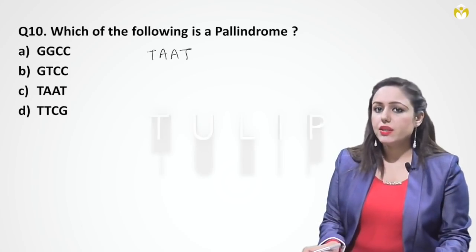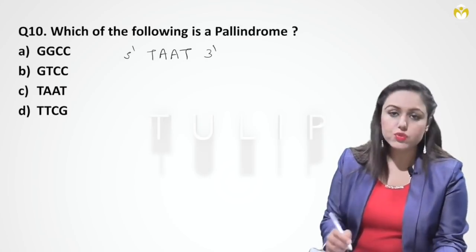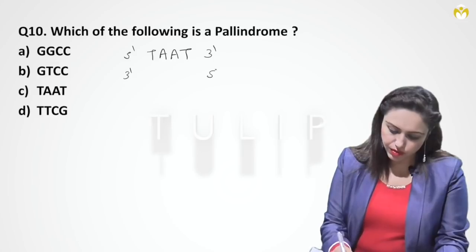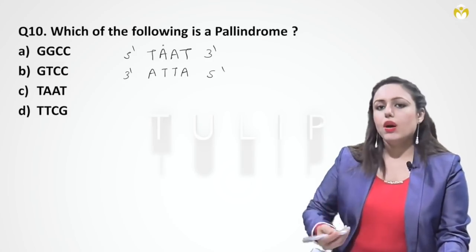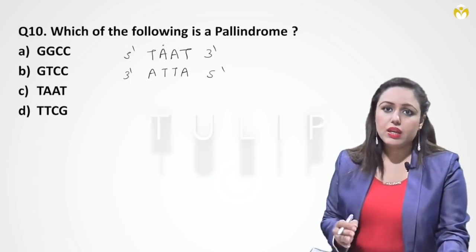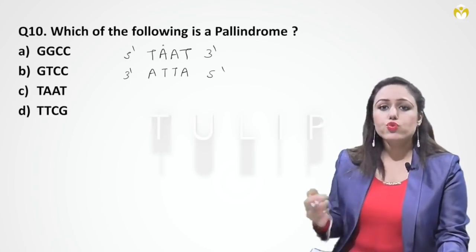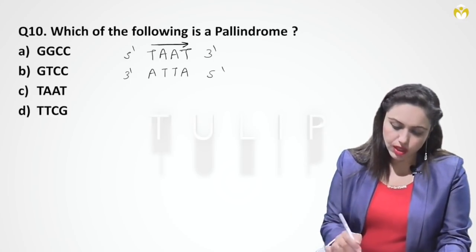If TAAT is written like this, then obviously left is 5' and right is 3' end, and the complementary strand will be 3' here and 5' here, and the complementary sequence will be ATTA. So read the upper strand. Whenever you read any strand, DNA or RNA, you always read in 5' to 3' direction. So if you read the upper strand, it is TAAT.